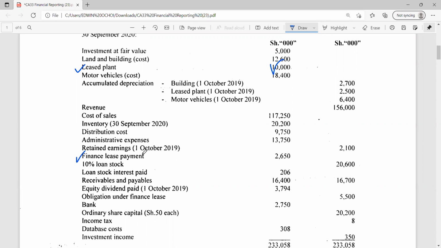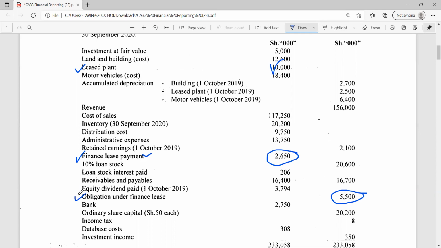The finance lease payment is 2650, which is the payment they are making. But now the obligation under the finance lease is 55.